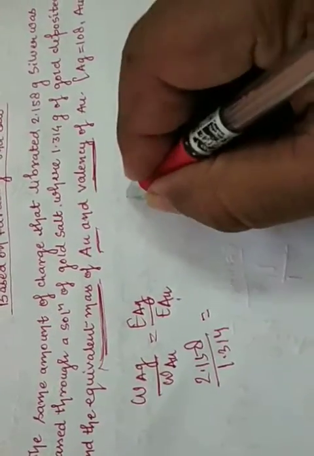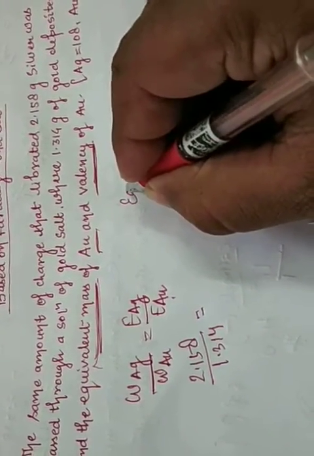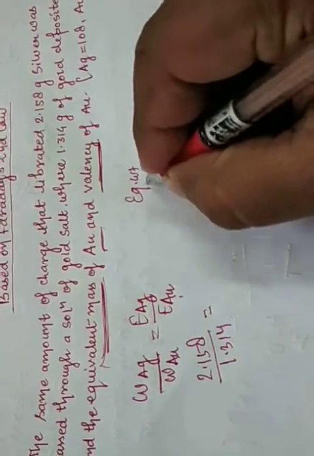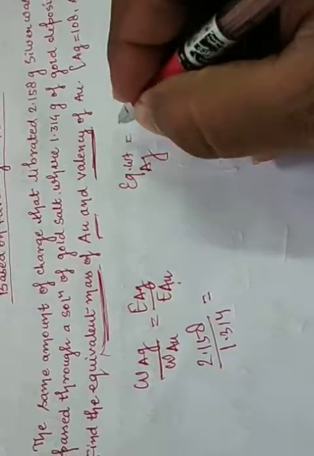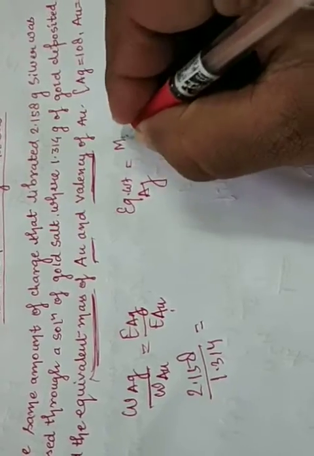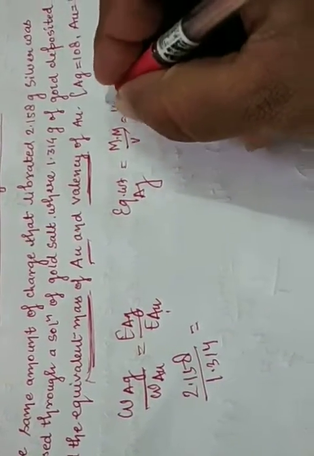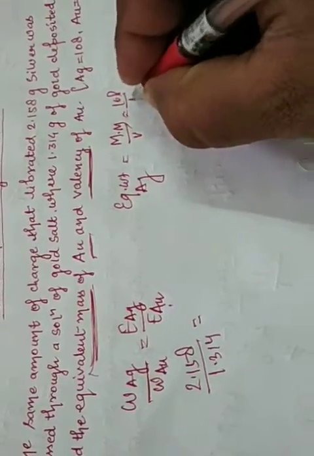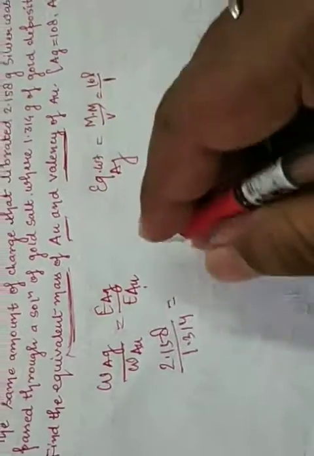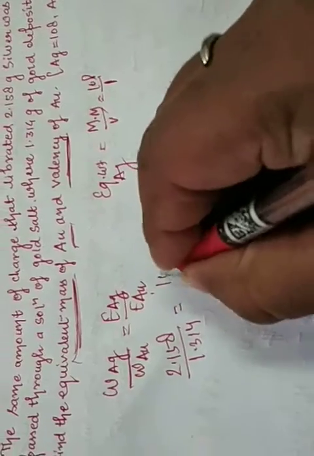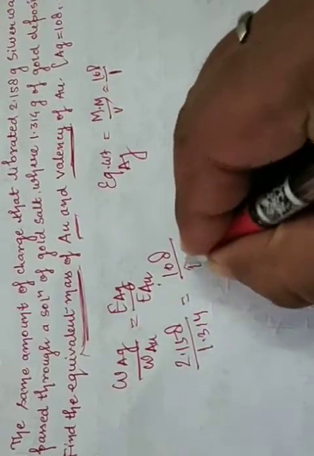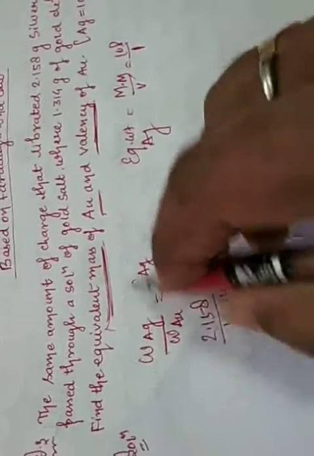Because the valency of Ag is 1, it means equivalent weight of Ag is molecular mass upon valency. The molecular mass is 108, that is atomic mass, and valency is always 1. Clear? Same for gold. So this is 108 and you find the equivalent mass of Au in this question.